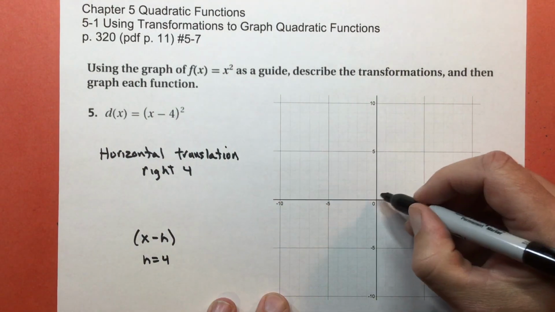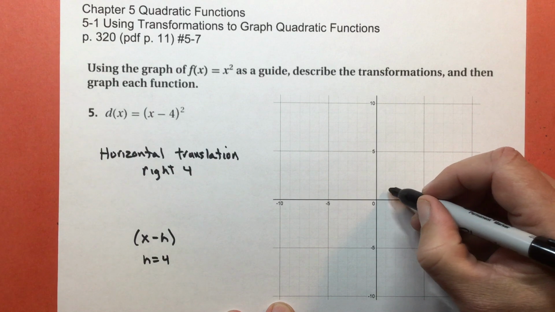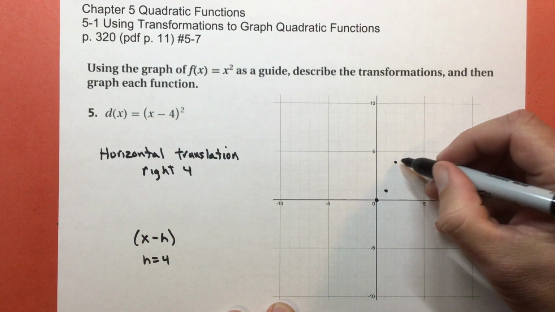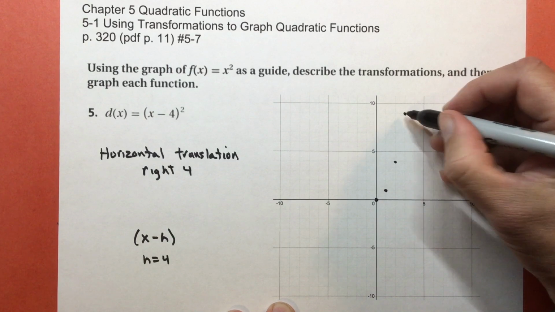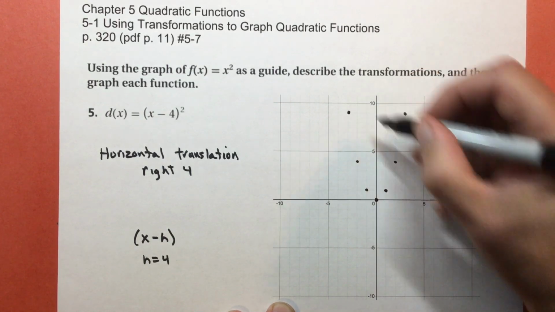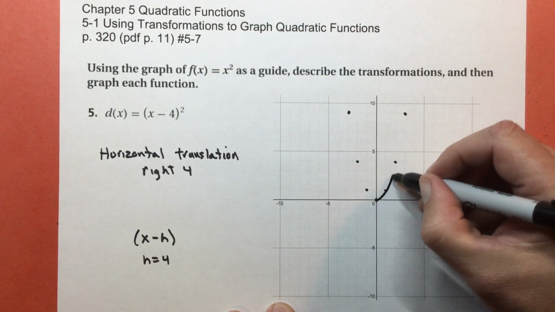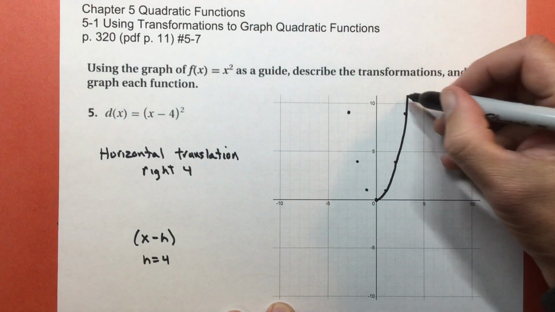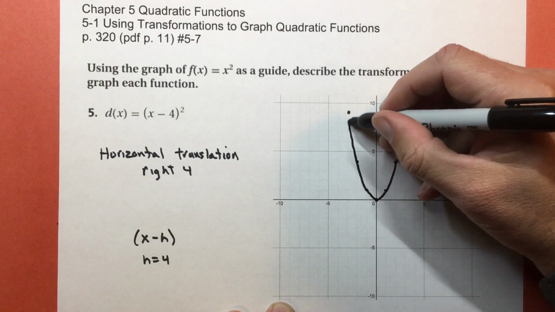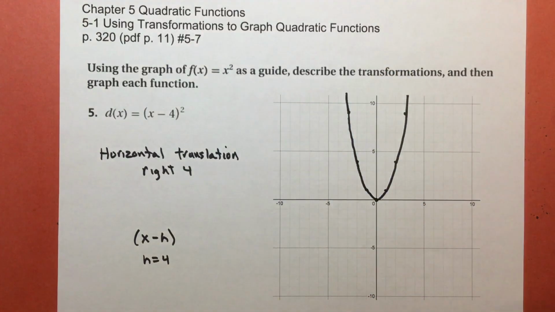So my parent function, here's what my parent function looks like: 2, 4, and 3, 9. I know it does not say graph the parent function, but I think it's good for you to see that there's been a change.